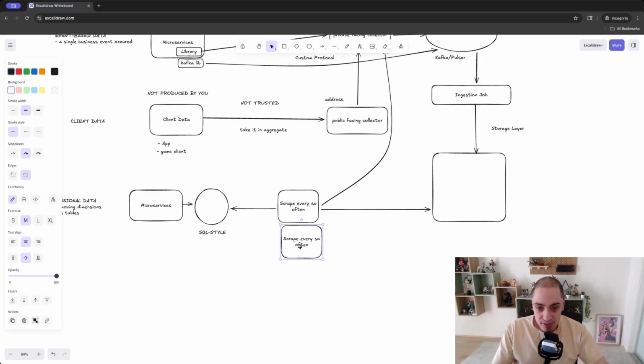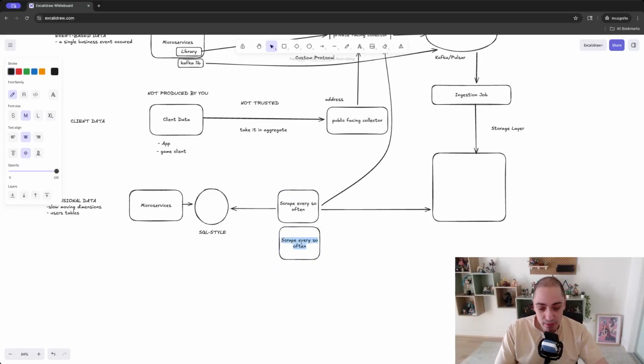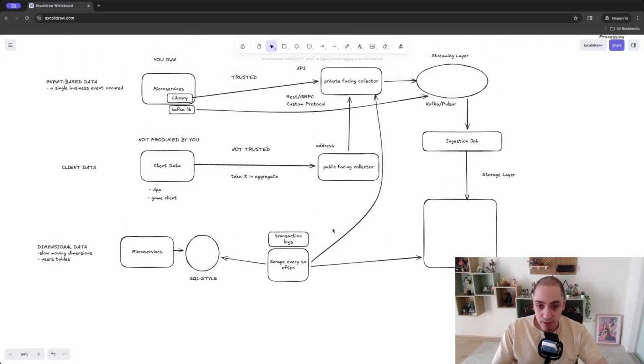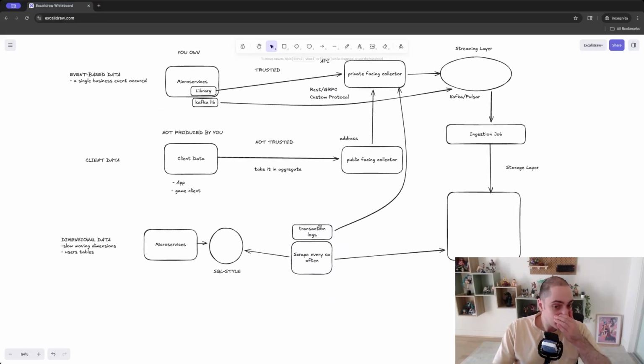Another option instead of scraping is to pull the data directly through transaction logs. Every SQL database is going to have some sort of transaction log system. And in that world, you would send that data directly to your collector. I'll just move this one here. So those are your two options in terms of how this works.